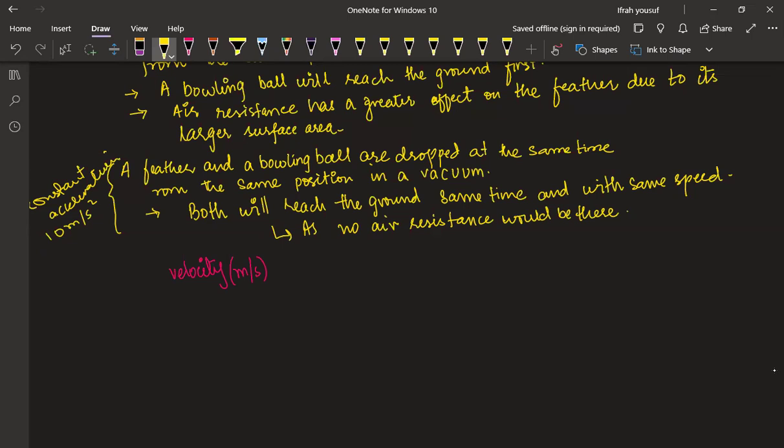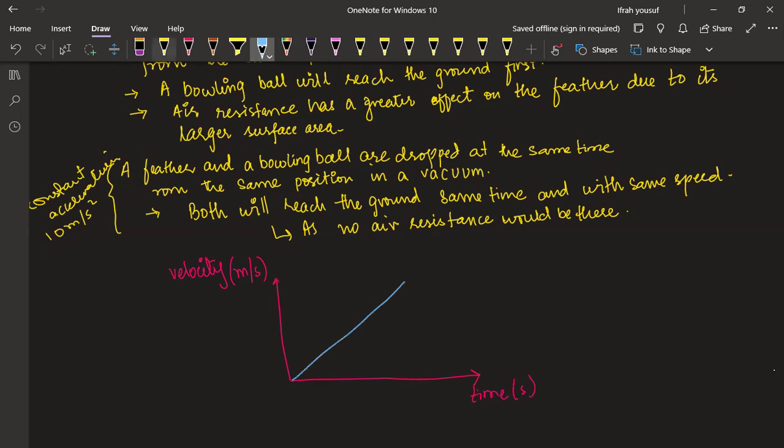All right. If I plot a velocity time graph, I will find that the graph will start and it will be a straight line.